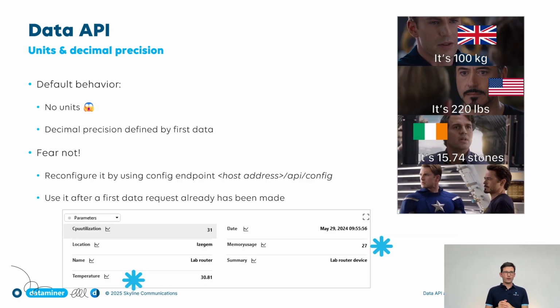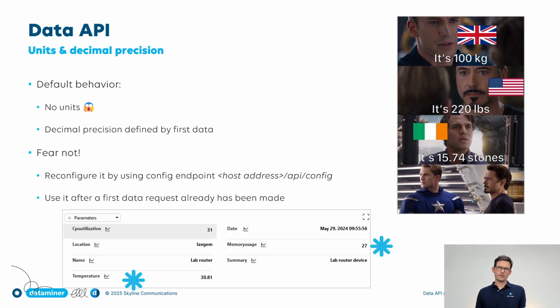Okay, now maybe you noticed, maybe you didn't, but if you send information to Data API, we don't have any units by default. In the very beginning, we sent a CPU utilization, and you kind of assumed, oh, that's the percentage. Yeah, probably it was, but we're not quite sure. So by default, there are no units.